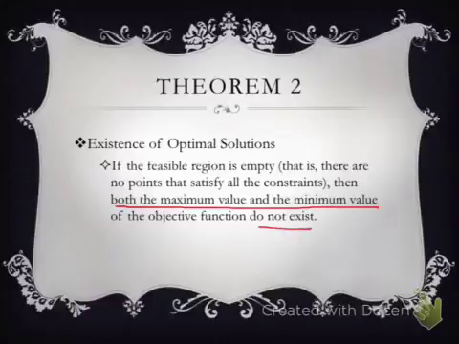If there's no feasible region in the first place, then there's no corners to test, there would be no max or min points. And that can happen sometimes where the constraints don't actually allow you to produce anything that matches everything. So again, keep that in mind, that if that ever happens in your problem, then you just know automatically there's no max, there's no min, there's no optimal solution that you can find.